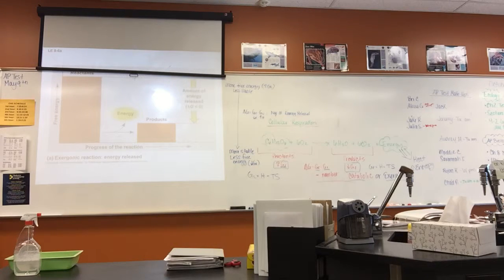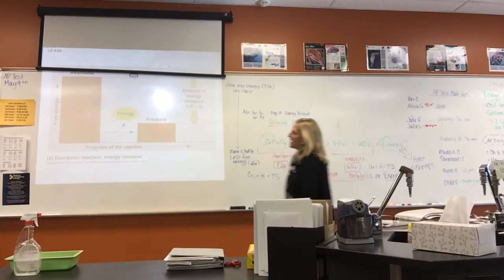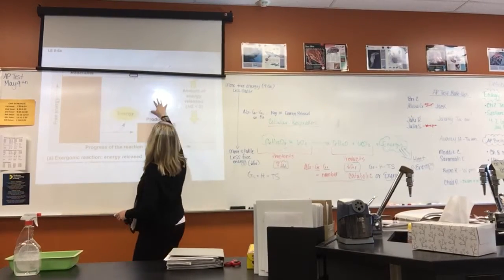How would you read this to be able to say, oh, this is an exergonic reaction? Oh, well, there's energy released, and you know that an exergonic or a catabolic reaction always releases energy. That's right. An exergonic reaction releases energy, and so this is releasing energy.